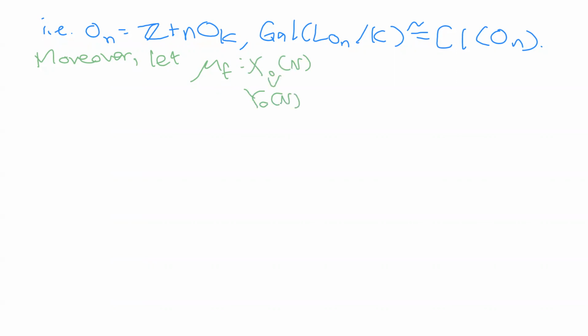Y0 of n is embedded in X0 of n, which is compact by adding the cusps, and you can always find... well, let me actually do it properly.